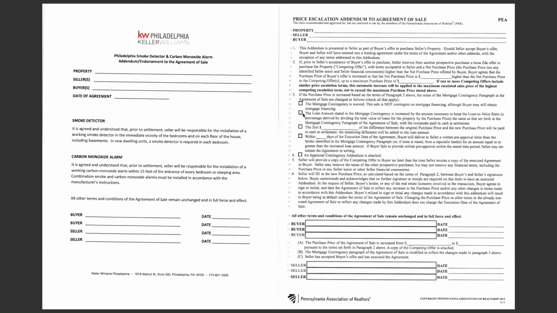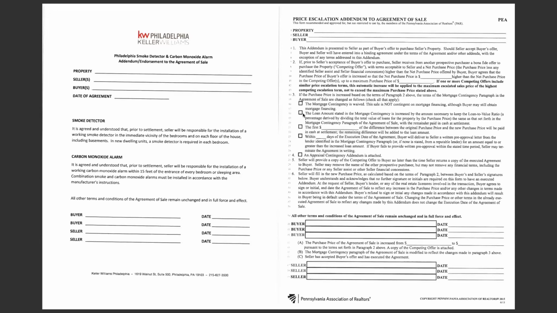The escalation clause you should read over and understand, but essentially when you look at paragraph 2, it is saying that the purchase price of buyer's offer is to increase so that the net purchase price to the seller is blank higher than the net purchase price of a competing offer.